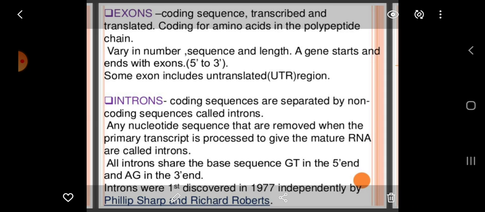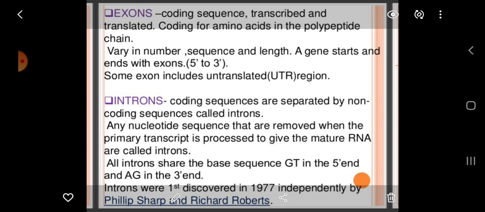A gene starts and ends with exons. The exons are from the 5' to the 3' end of the DNA. Some exons include untranslated regions, that is, the UTR region.